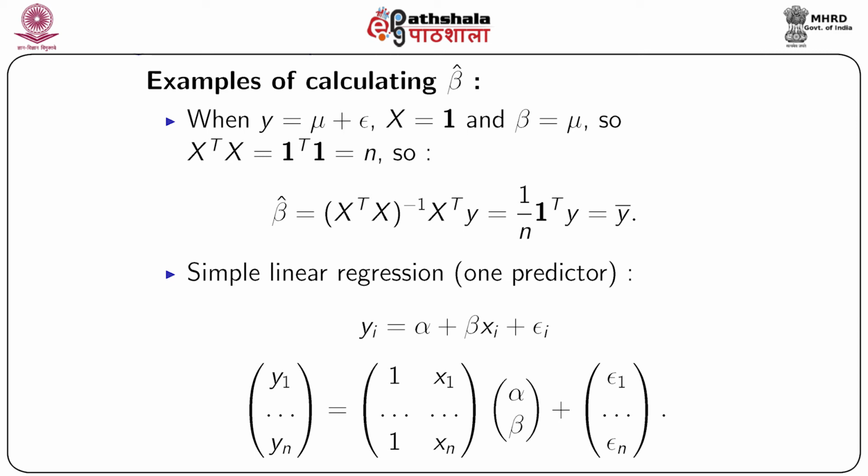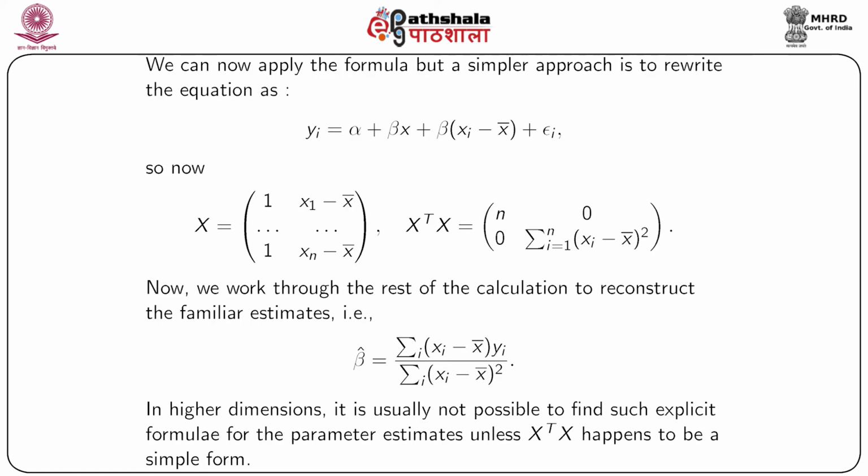So we have seen how we can write it in the vector form, and when we find the estimate, in this case for the coefficient beta, we can now apply the formula, but a simpler approach can be to rewrite the equation as follows. Let's write yi equals alpha plus beta x bar plus beta times (xi minus x bar) plus epsilon i.